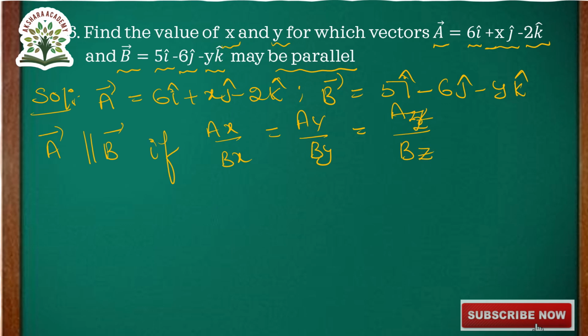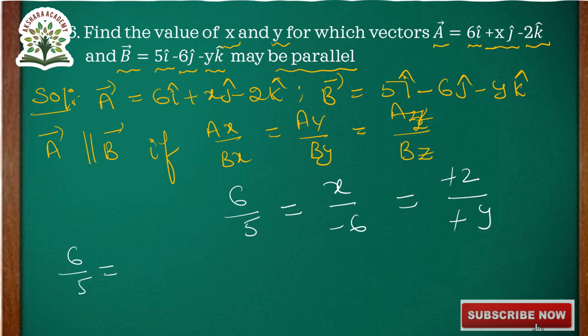Now we are writing the components, that is ax by bx, nothing but 6 by 5, that is equal to ay by by, nothing but x by minus 6, that is equal to minus 2 by minus y. Minus minus gets cancelled.